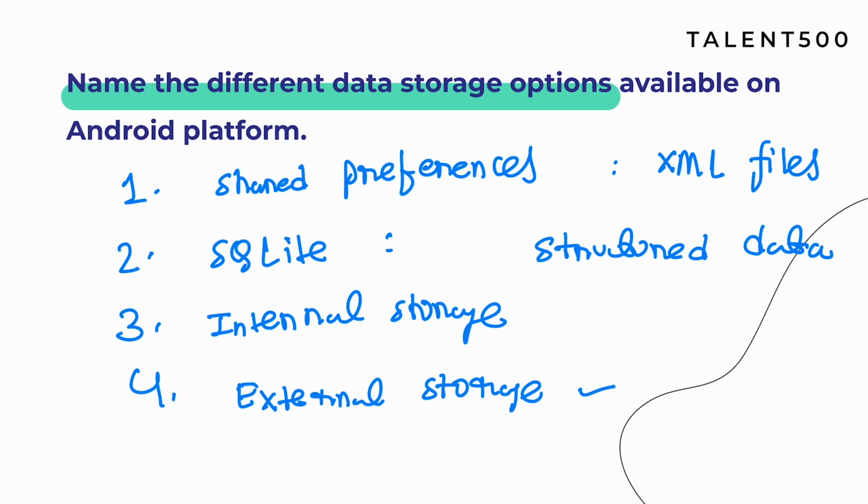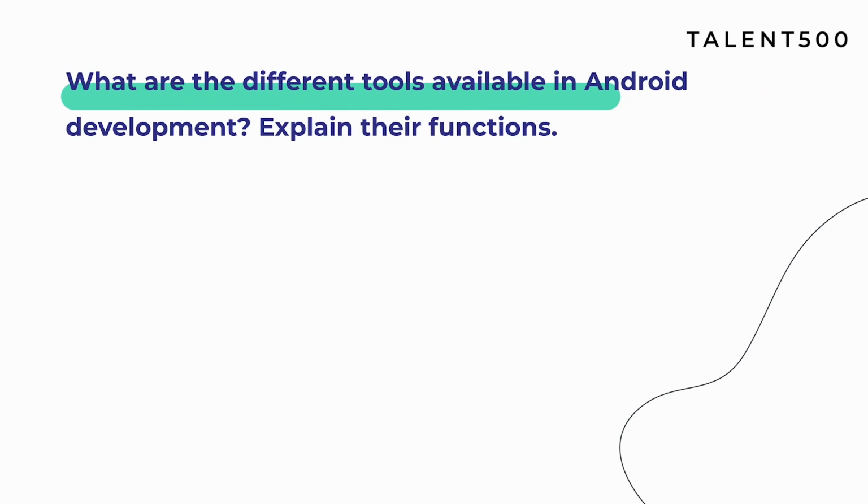Both are pretty much similar, but the only difference is that internal storage stores data in the device file system where it cannot be read by other applications, while in external storage the data can be accessed by all other applications of the device.